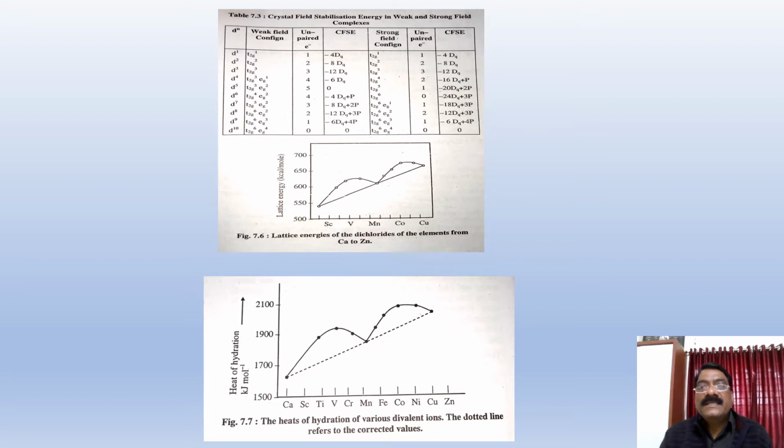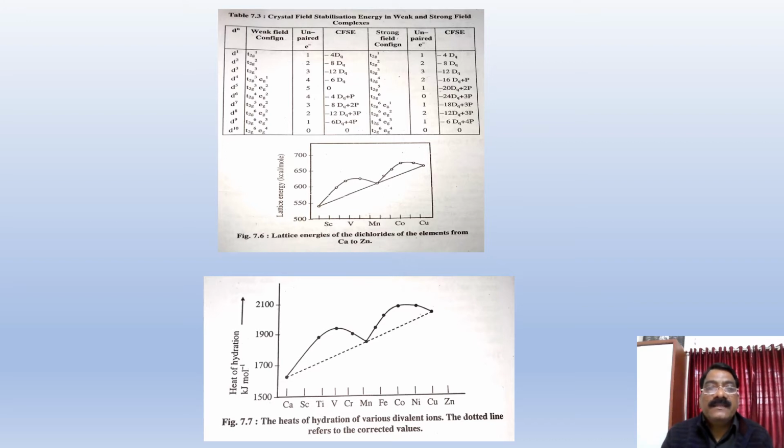For d6 it is minus 24 Dq plus 3 pairing. d7 minus 18 Dq plus 3 pairing. d8 minus 12 plus 3 pairing energy, and for d9 minus 6 Dq plus 4 pairing energy, and for the d10 it is 0.